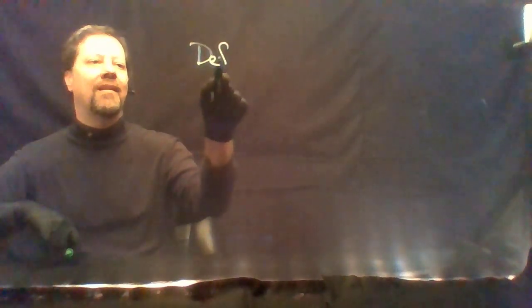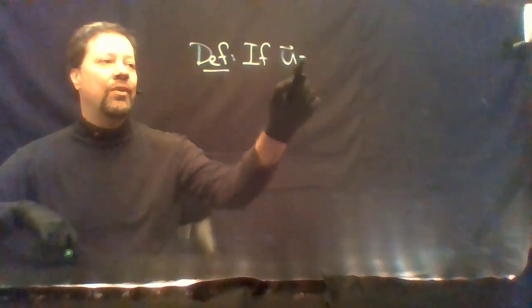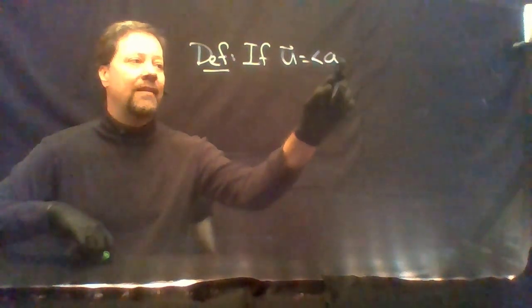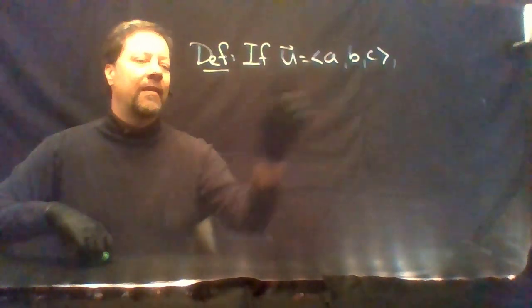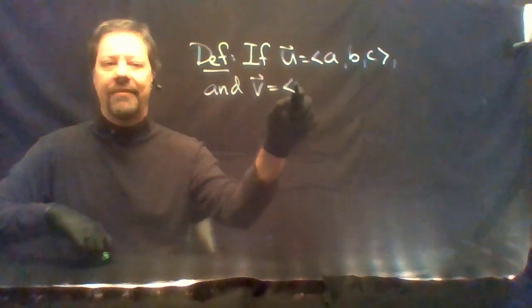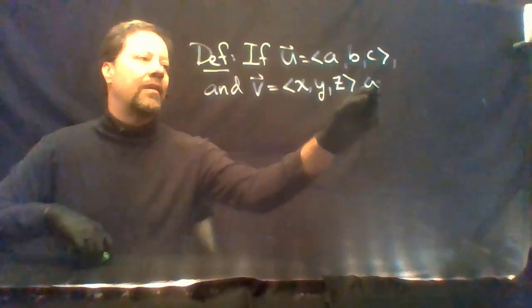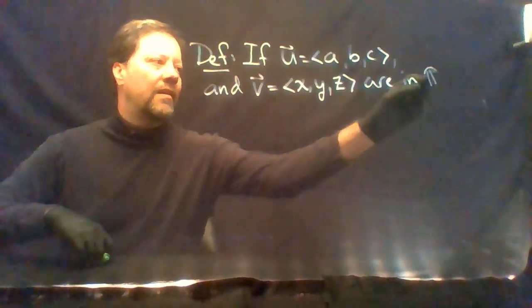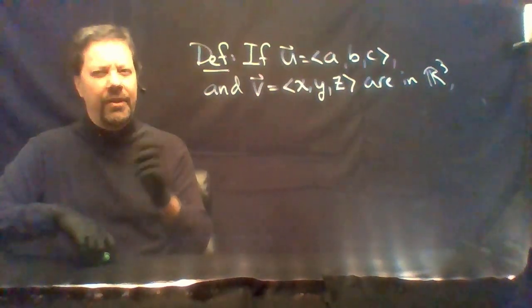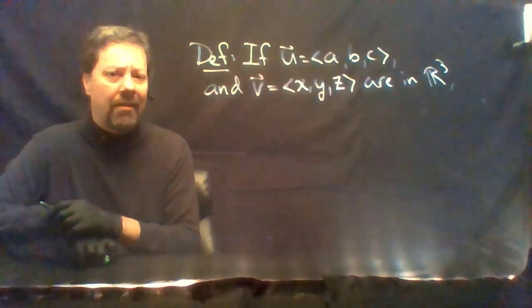Finally, we're ready to define the cross product. If vector u, which I'm defining to be a, b, c, and vector v, which I'm defining to have entries x, y, and z, are in R3, notice the cross product is only defined for vectors in R3.